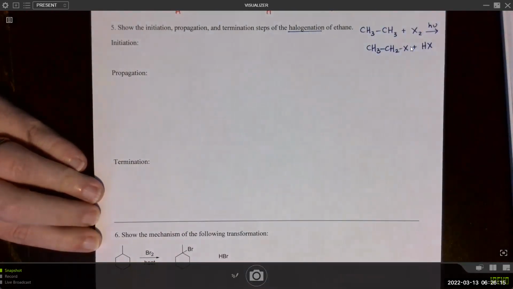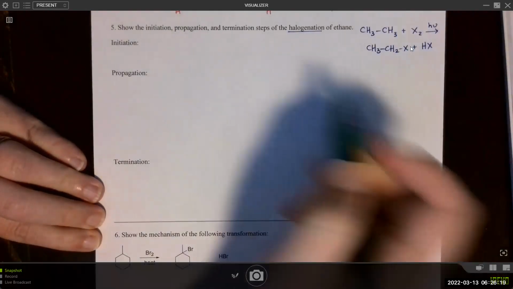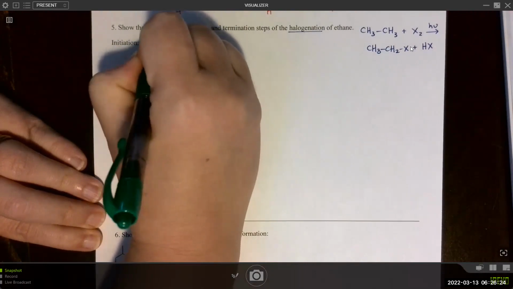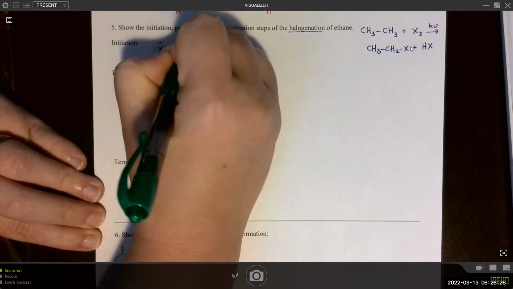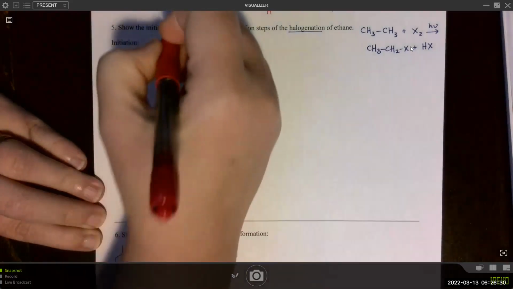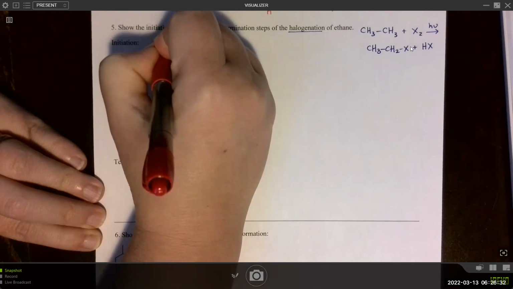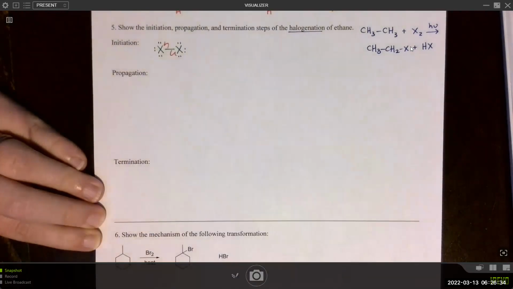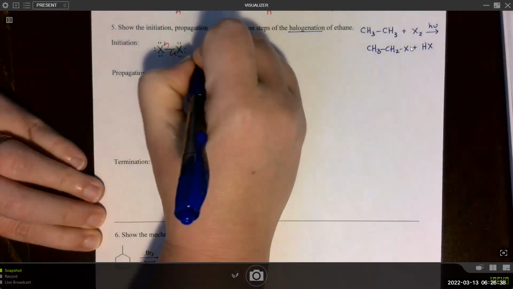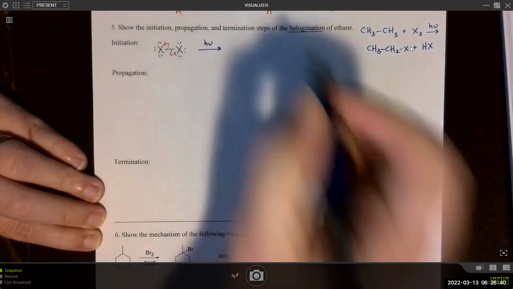So the initiation step is going to be the formation of the radicals. So we can just kind of draw X, X. If it's a halogen, there'll also be 3 lone pairs, each one. We're just going to do our radical formation.